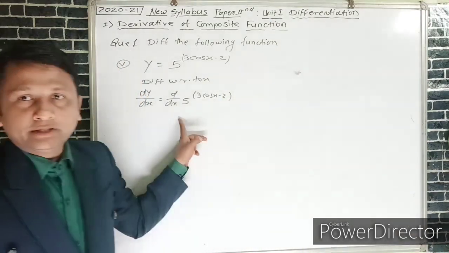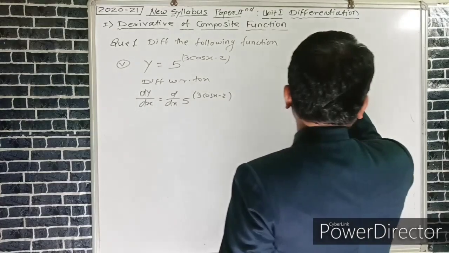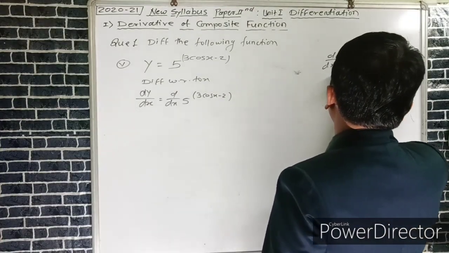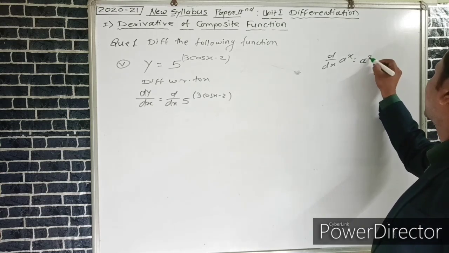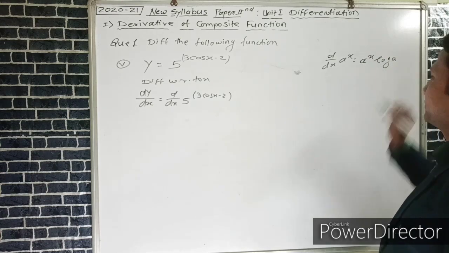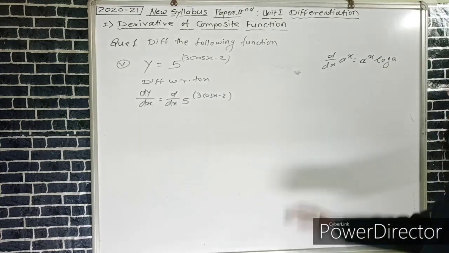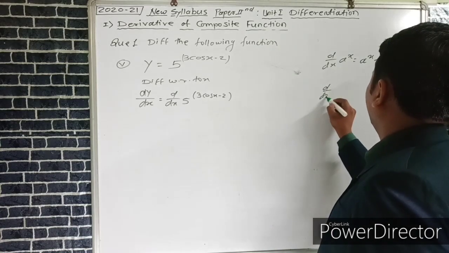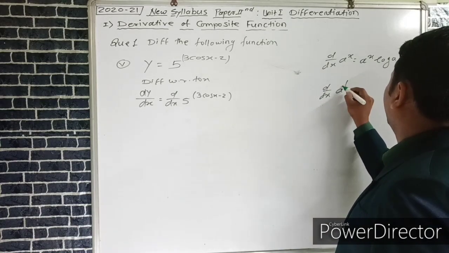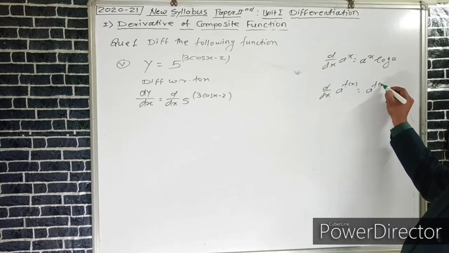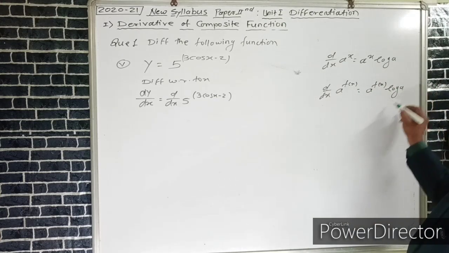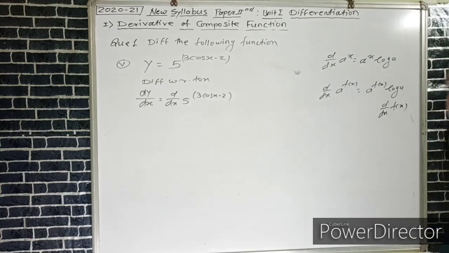This function is in the form of a to the power x, and the derivative of a to the power x is a to the power x into log of a. For the composite function, the derivative of a to the power f of x is a to the power f of x into log a into the derivative of f of x.